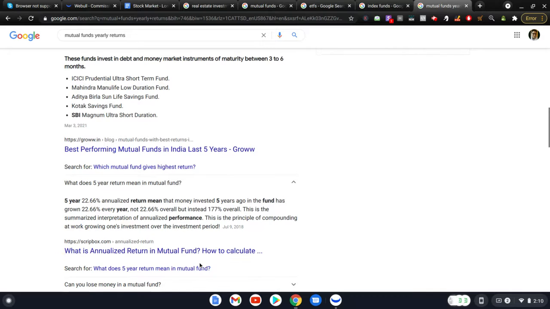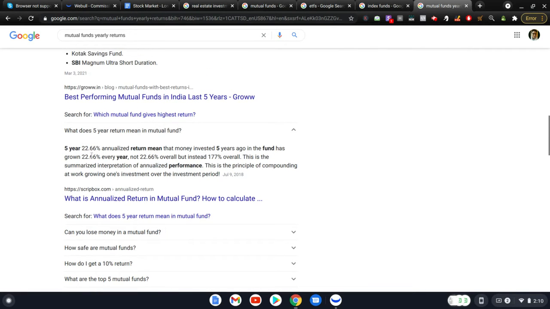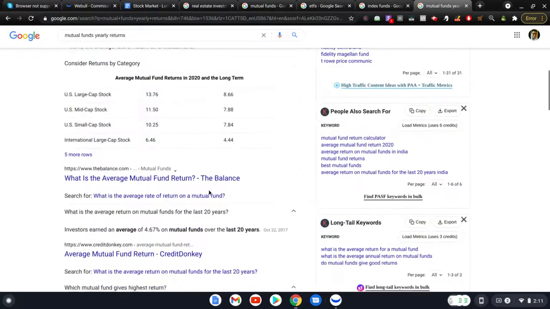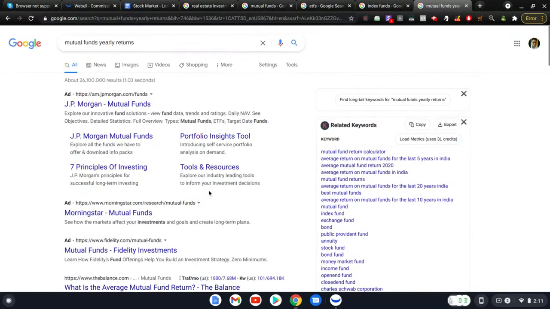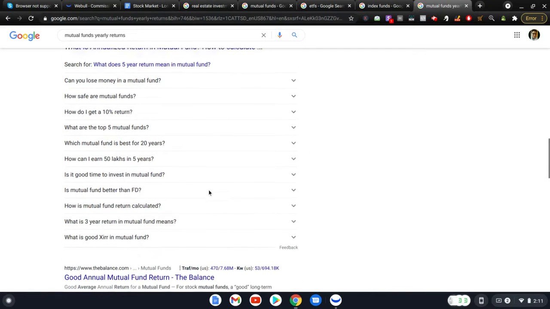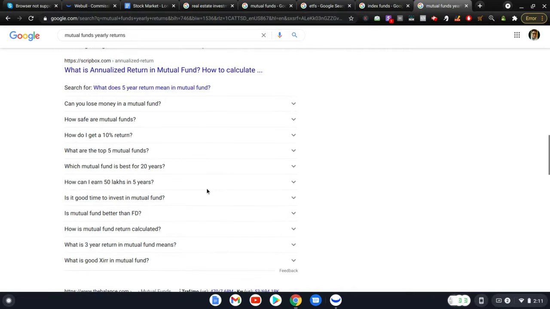It just depends on which ones you select, but they're saying that 5 years is about 22%. So that's basically the whole idea. And you'll see that these are talking about short-term periods of how long you held on to the stock. So over a period of 5 years, it typically goes from 15 to 20% yearly.